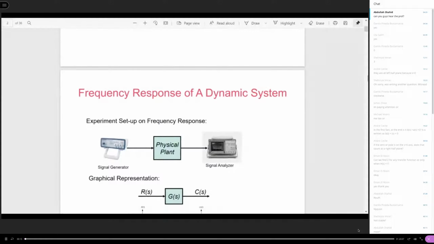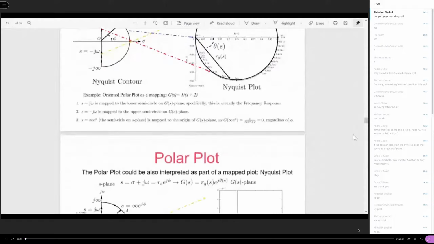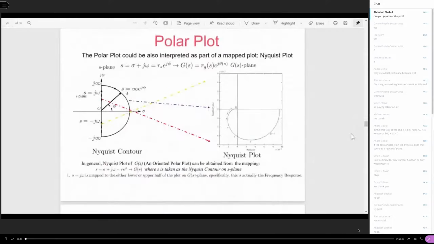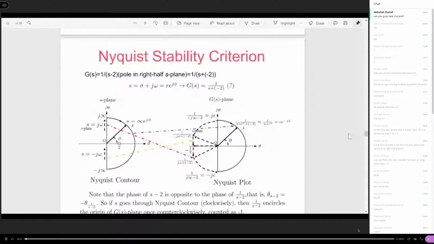We're going to move to the Nyquist stability criterion, right? In the last class, we talked about how to evaluate the poles and zeros in the right and left half plane.